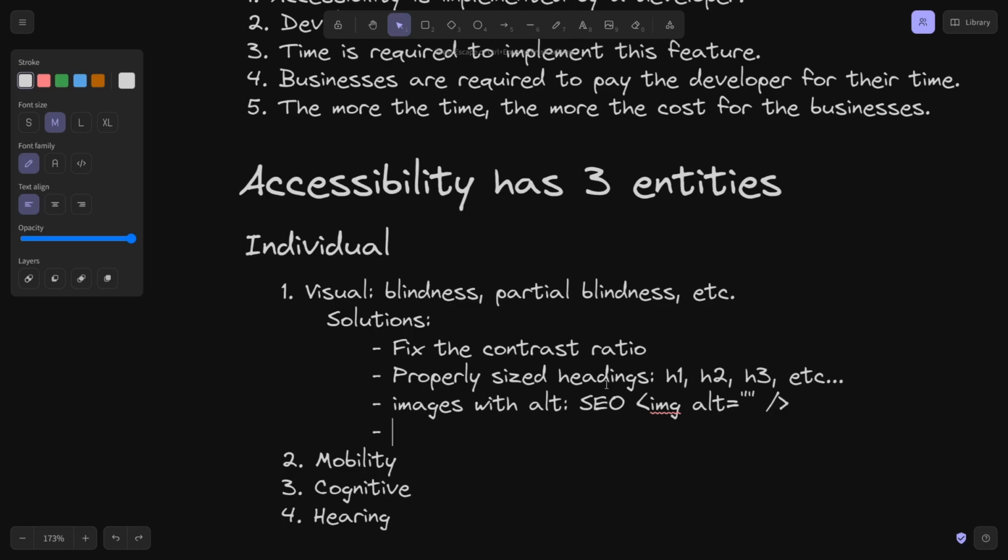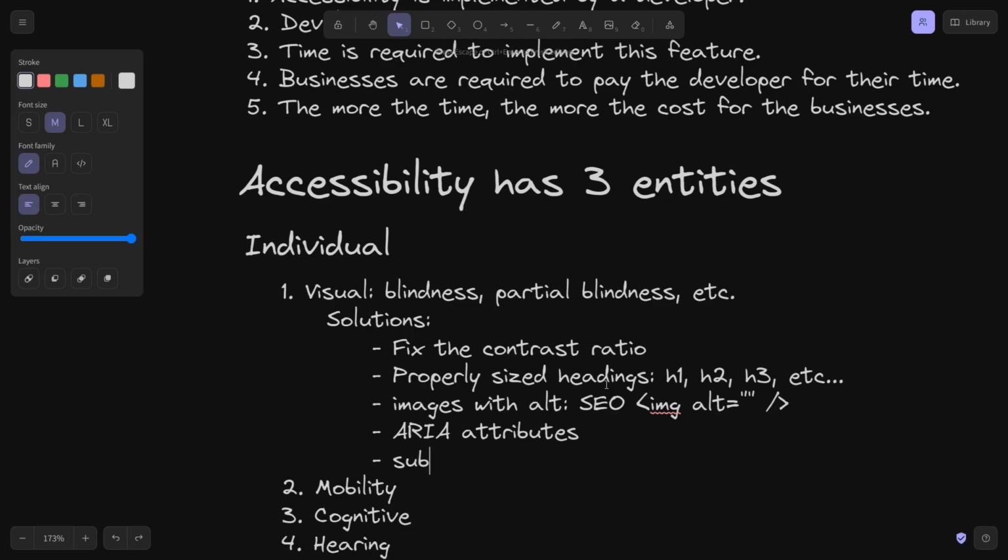Okay. Then you have something called ARIA attributes, which is good for accessibility. There are a lot of things which actually support visual accessibility as well. Then we have something called, we can say, etc. There are a bunch of things that you can actually do in a visual solution depending on who your subject is, right?